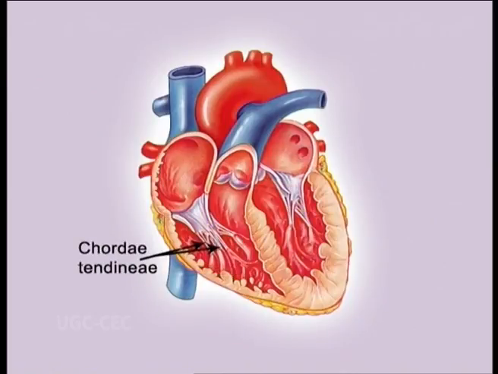The function of these chordae tendineae is that it will prevent opening of the AV valves on the opposite side, that is, it prevents the backflow of blood. Now, here one point needs to be understood is why backflow of blood from ventricle into auricle needs to be prevented?